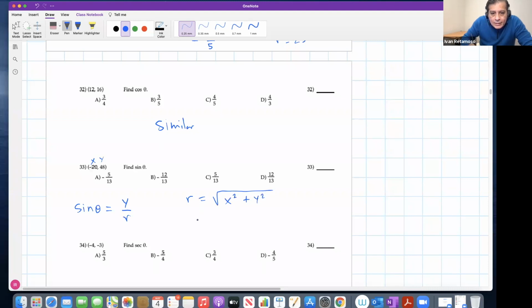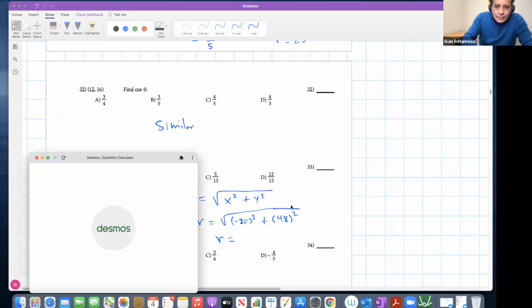Okay, but now, what is this guy? The square root of X, which is negative 20 here, squared, plus Y, which is 48, squared. The numbers are big. We're going to use the calculator to help ourselves out. What is negative 20 squared plus 48 squared, the square root of that? Well, let's use our calculator.